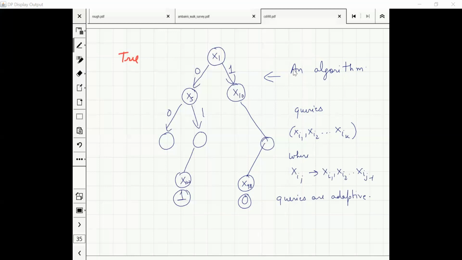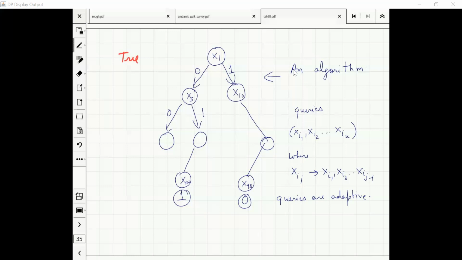A tree contains the labels of the nodes also, right? So what you are writing on top of a node is also important. So basically, if we are querying these particular bits, xi1, xi2, xik, and we want to compute f, a Boolean function, we are saying that it is dependent only on these inputs.